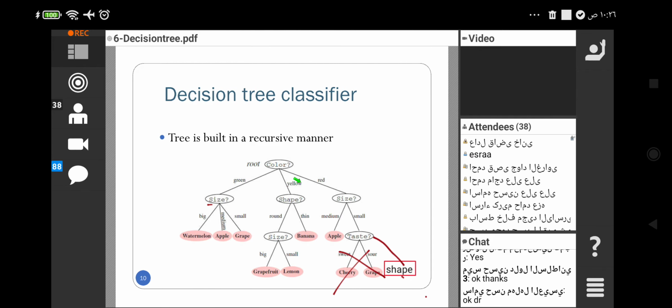One other point about the decision tree is that this classifier is very simple and everybody could understand what it is doing.